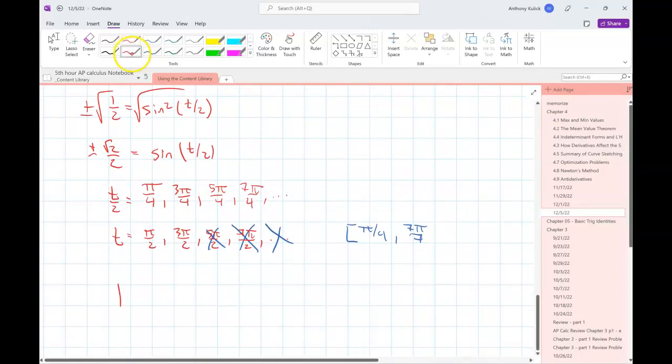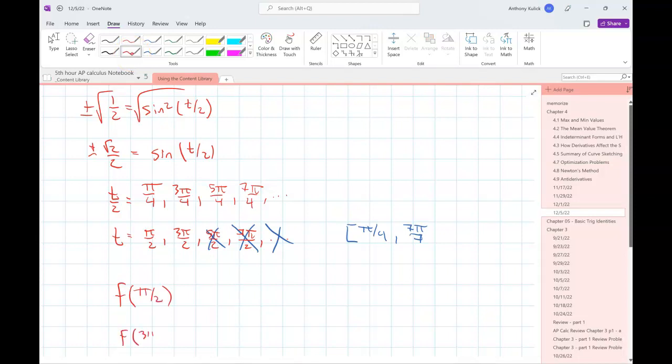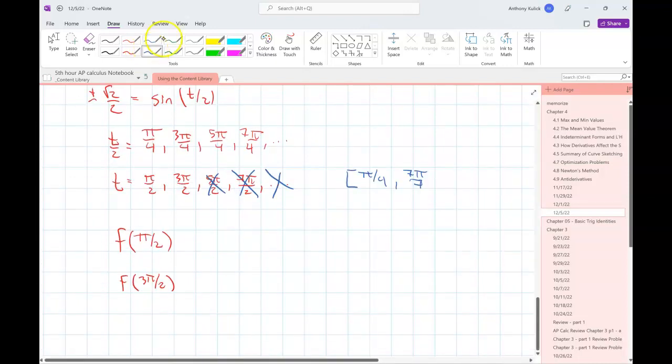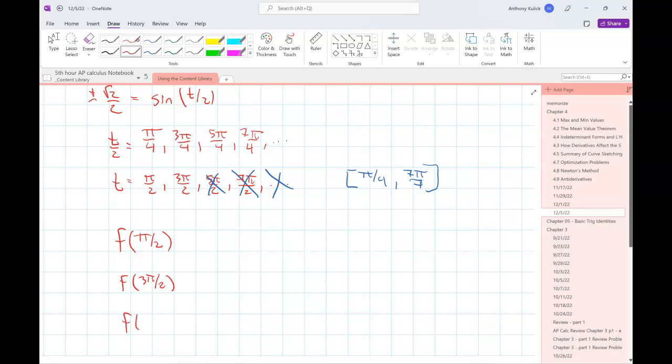So we need to check then f of pi over 2, f of 3 pi over 2, and what other values? We also have to check the endpoints of our interval.